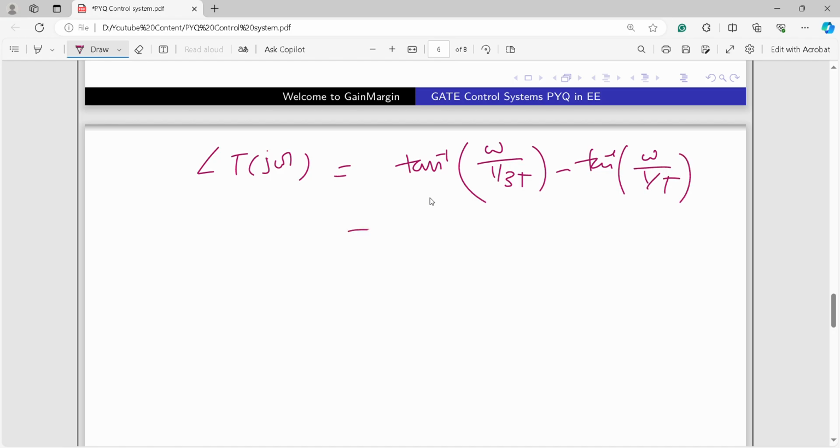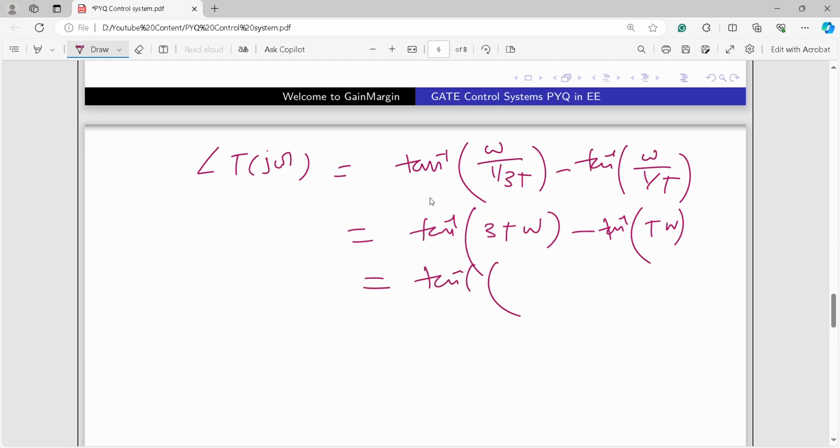All right, so you get tan inverse 3t omega minus tan inverse t omega, and just substitute the omega value, and then get the maximum phase.